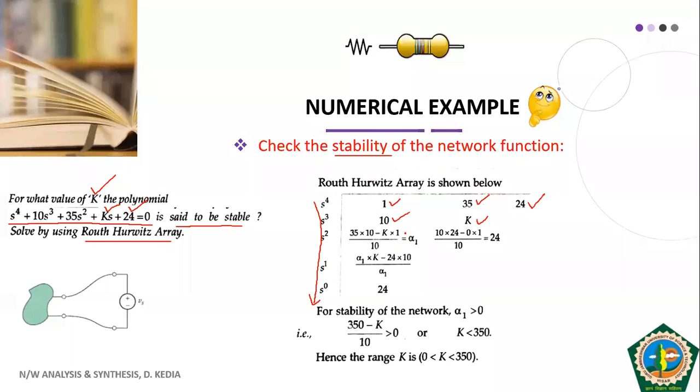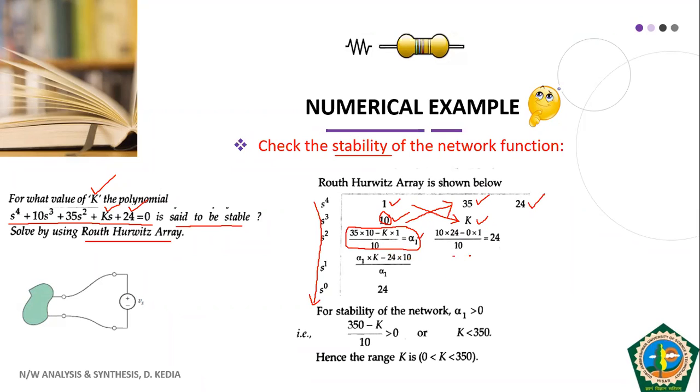Now we have to calculate this value. In order to obtain it, I told you the procedure yesterday. We multiply 10 with 35, which comes out to be 350. Then we multiply 1 and k, that is minus k. So it is 350 minus k divided by 10. This is what has been written here, and we are representing that with alpha 1.